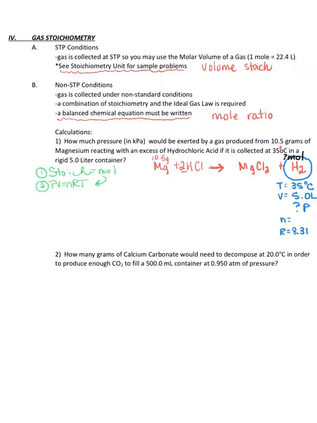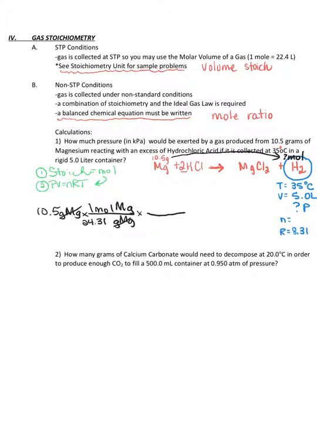All right, so that means I'm going to use Stoich to get to moles of my gas. This is just a regular stoichiometry problem. I'm going to go from the 10.5 grams of magnesium that they give me to moles of magnesium. I look on my periodic table, and I believe there's 24.31 grams of magnesium in 1 mole of magnesium.